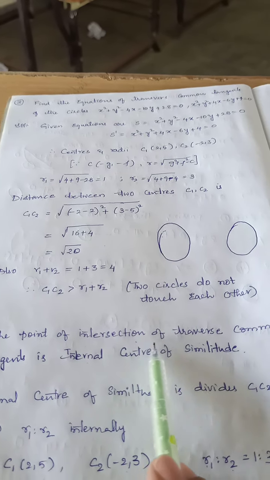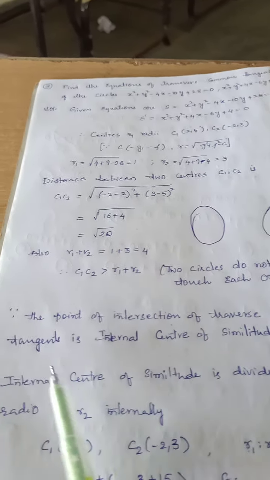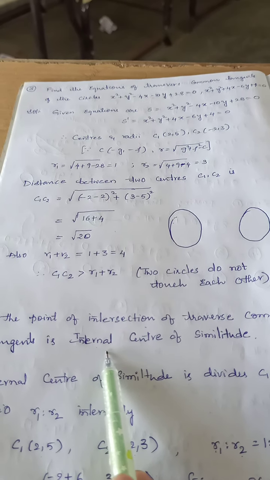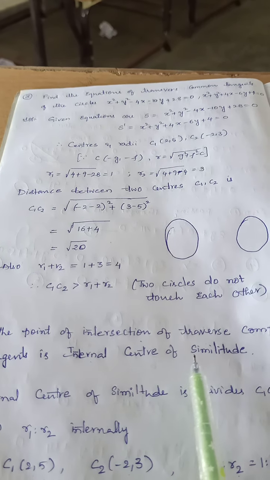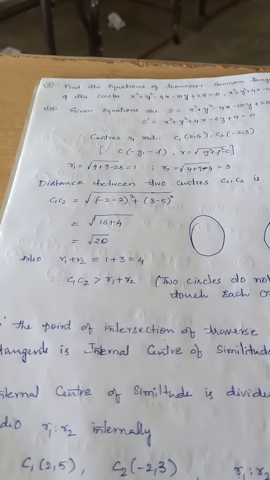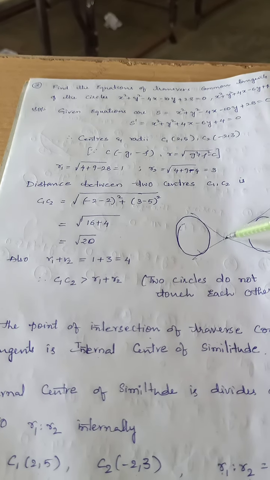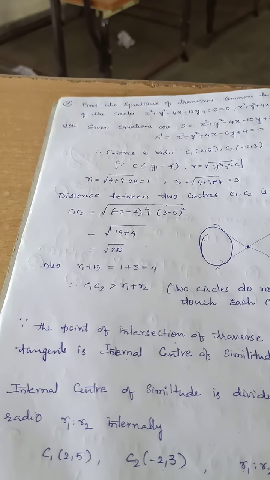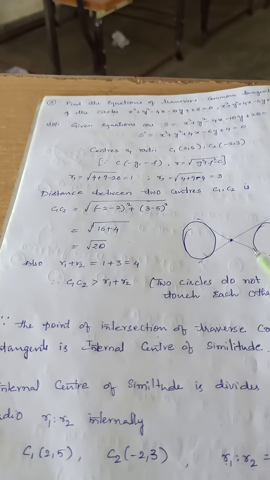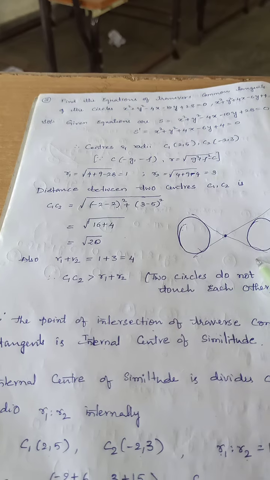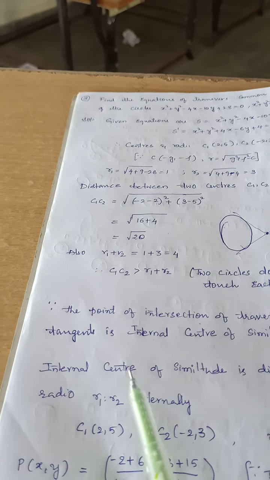The point of intersection of the transverse common tangents is the internal center of similitude. These two are transverse common tangents, and this is the point of intersection, so it is said to be the internal center of similitude.